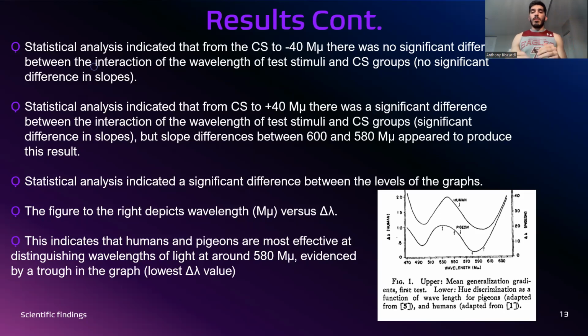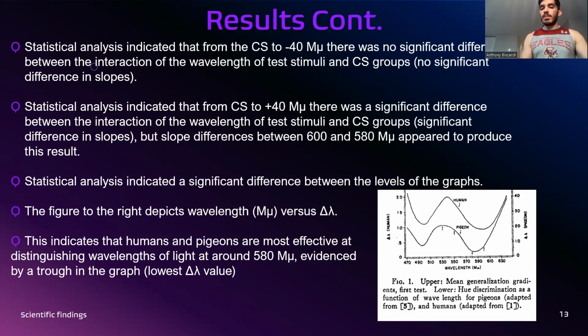So what you would expect from this graph is that the pigeons that were trained at 580 nanometers would be best able to distinguish wavelengths of light that deviate from 580 nanometers. And the pigeons that were trained on 530 nanometers would have the most difficulty distinguishing between stimuli.